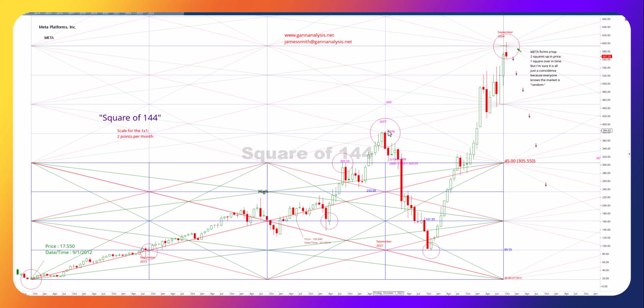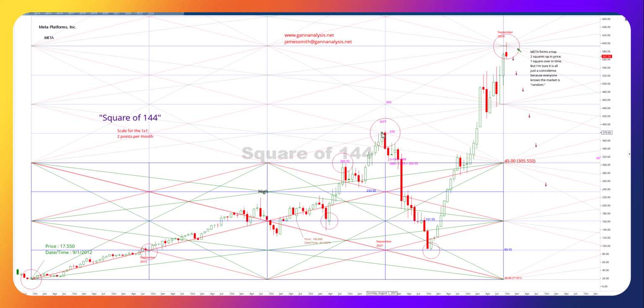I like the fact that this was 3/4 of the way through the square in time. This is the full square, a completion of 1 square in time, actually 2 squares up in price. So what you're looking for with Gann is symmetry. The more symmetry, the better.